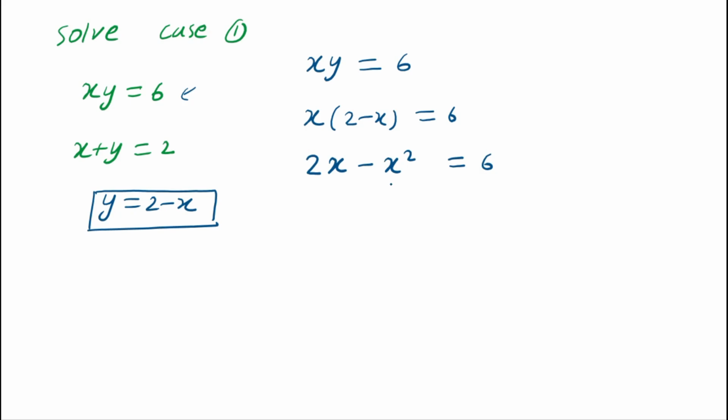So if you want to make coefficient of x square positive, multiply both sides by minus 1, and right hand side is also multiplied by minus 1. Then you will get minus 2x plus x square, and this is equals to minus 6.